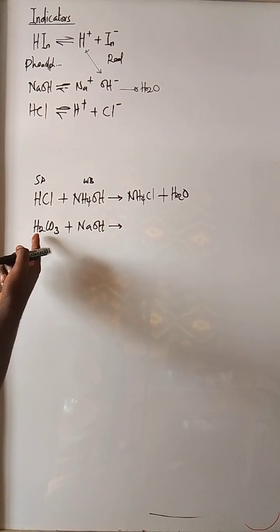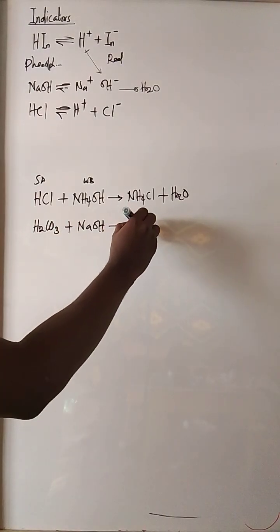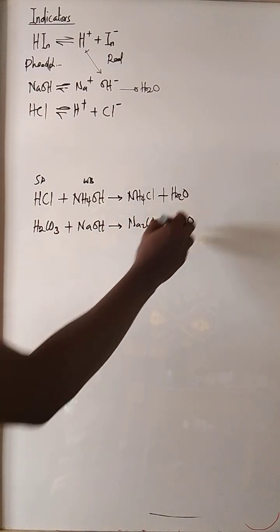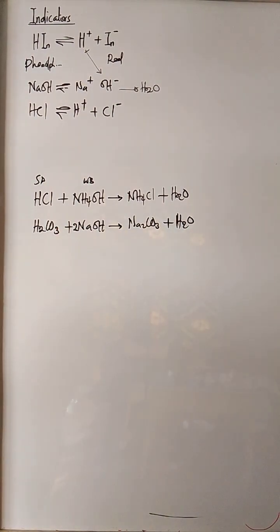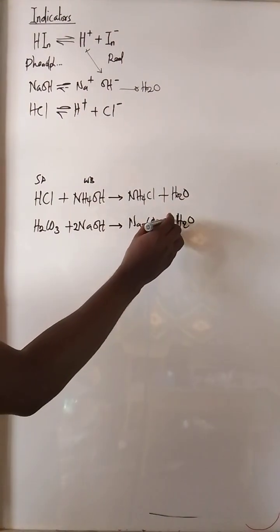For this one, we are going to have Na2CO3 plus H2O. So let's balance it: 2 has to be here also.